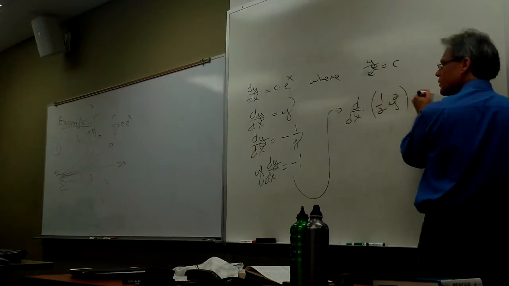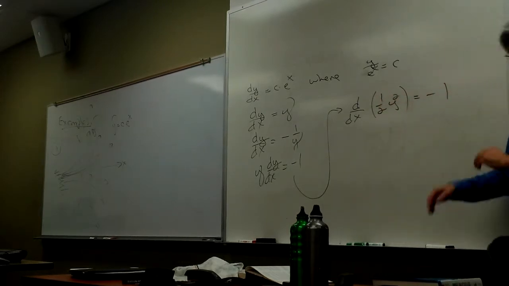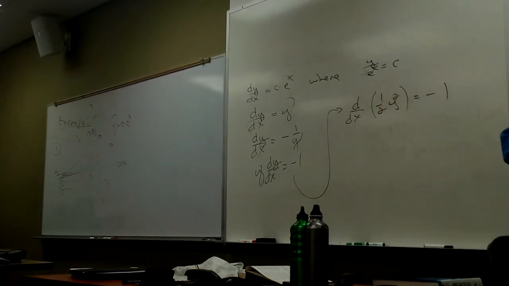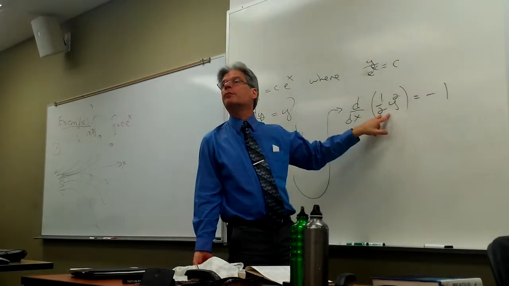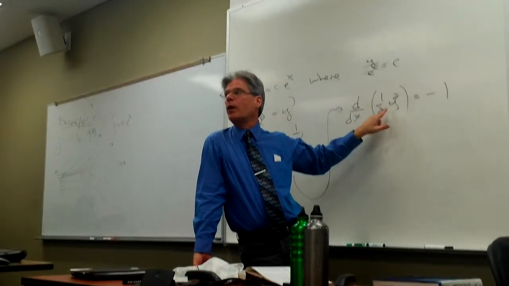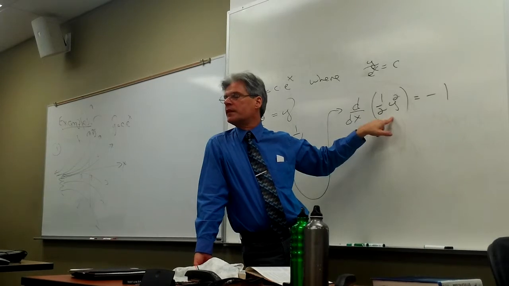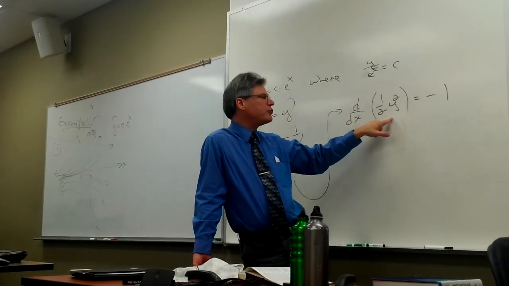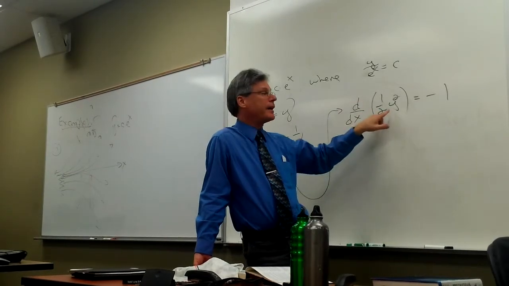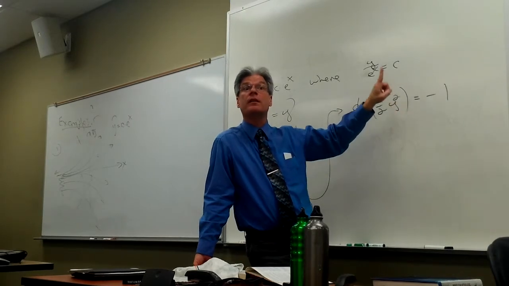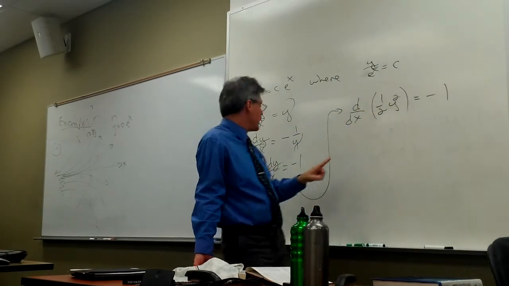You guys, if you're nervous, I'll close my pen. You double check me. To differentiate this, yes or no? Do I get a y? See, I think this is no. I think if I differentiate this with respect to x, I get a y times, chain rule says, dy/dx. Oh shoot, check that out. It's exactly what I have.